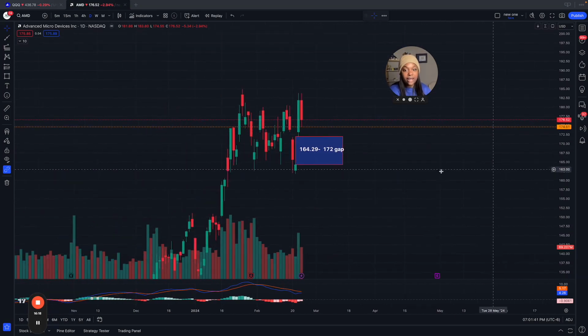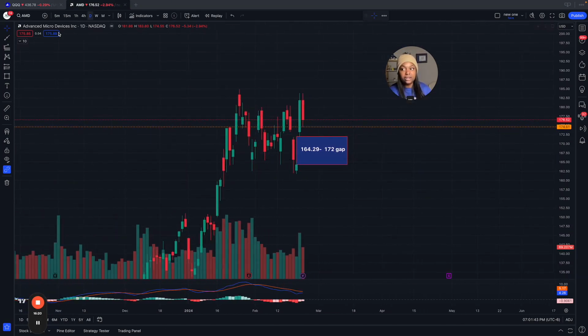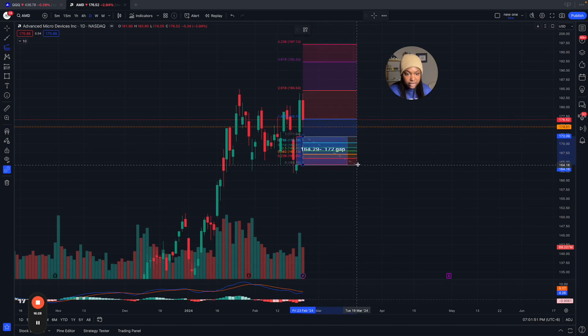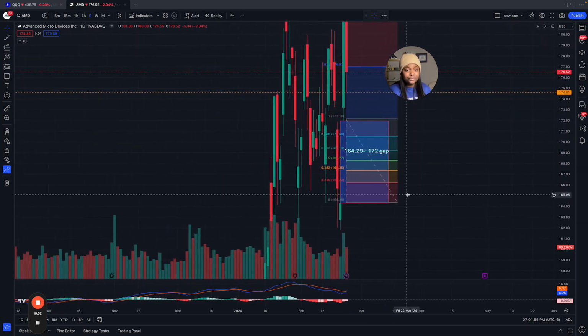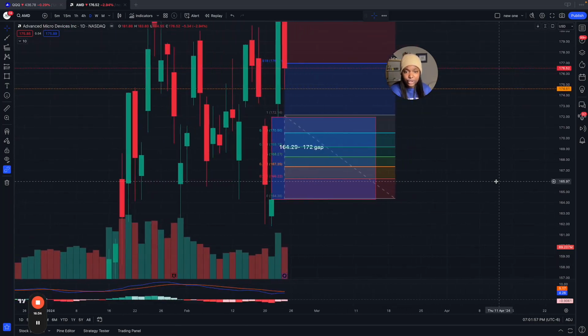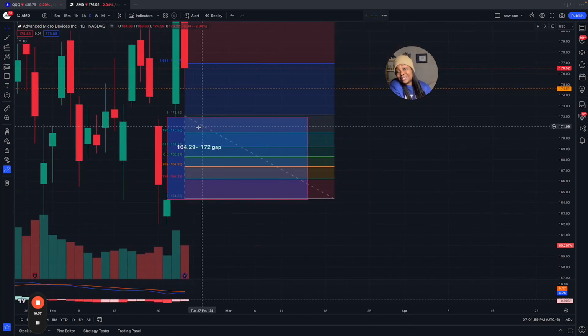So let's see what happens if we were to mark this on the daily using the same method. Bring it up to where it stopped, drag it back down to the bottom. Zoom, zoom, zoom. We're going to look at those same levels. You honestly could mark off all of these levels.